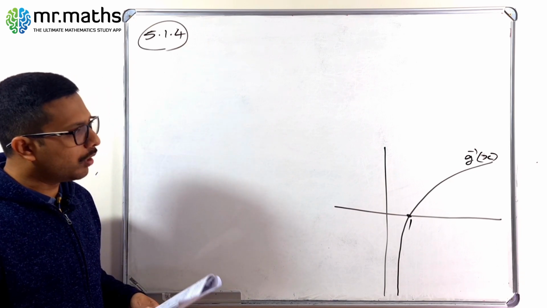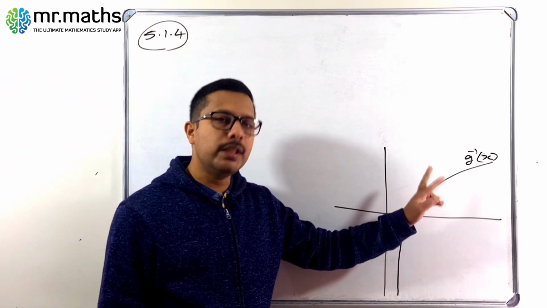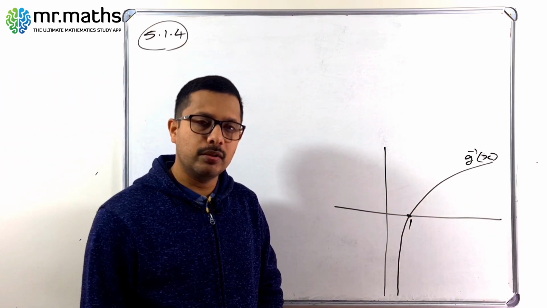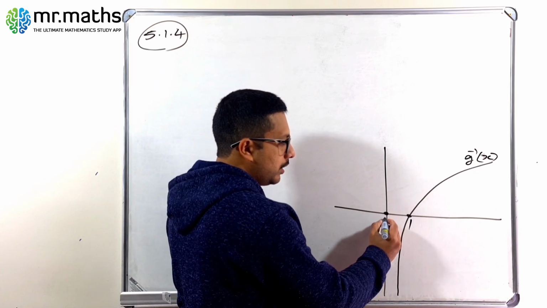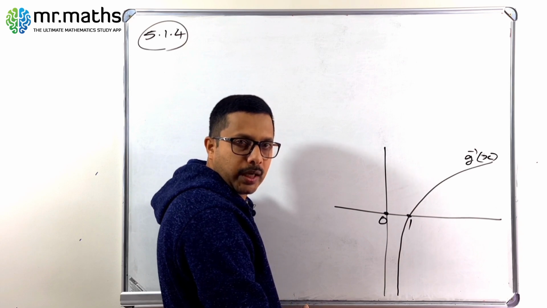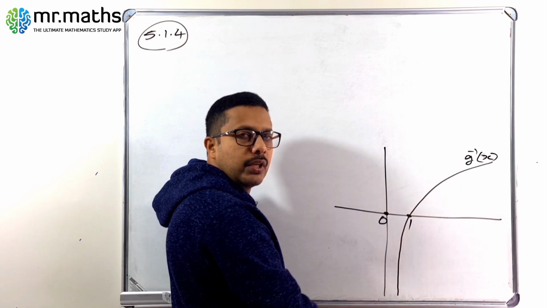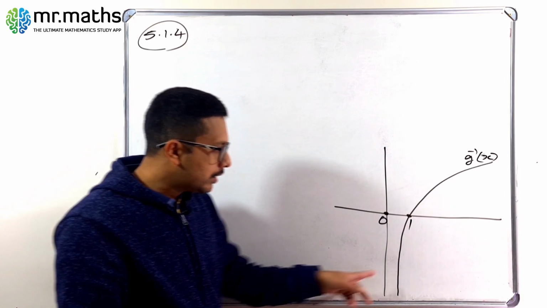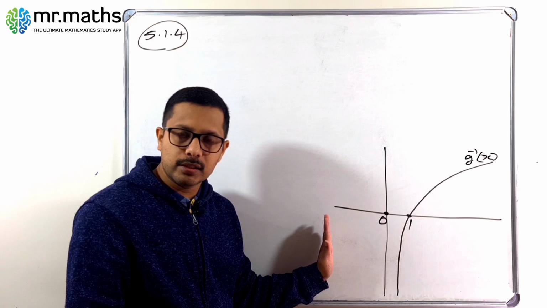Before I go to that question, what is the domain of this g inverse of x graph? Here you can see that this is x equals 0. Domain means you have to find the x value. Is it possible for this graph g inverse to cross the y-axis?